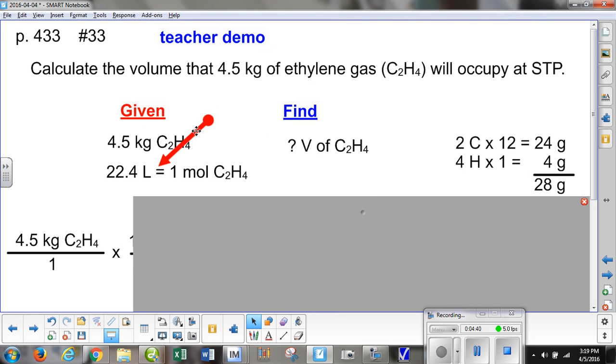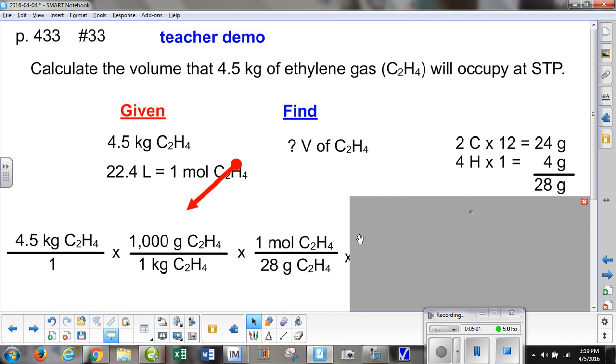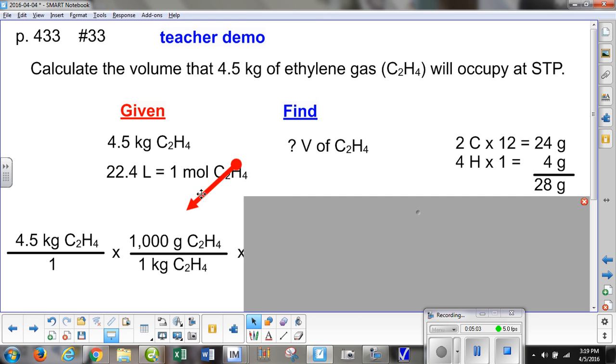We're going to start out with our given over 1, but the kilograms have to be changed into grams, and it's 1,000. There we go. 1,000 grams of ethylene is 1 kilogram of ethylene. And if you had to make that little conversion factor, just remember that kilo means 1,000.